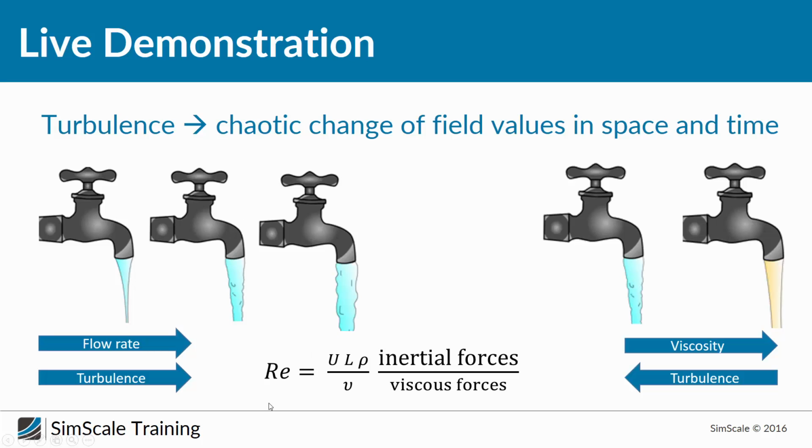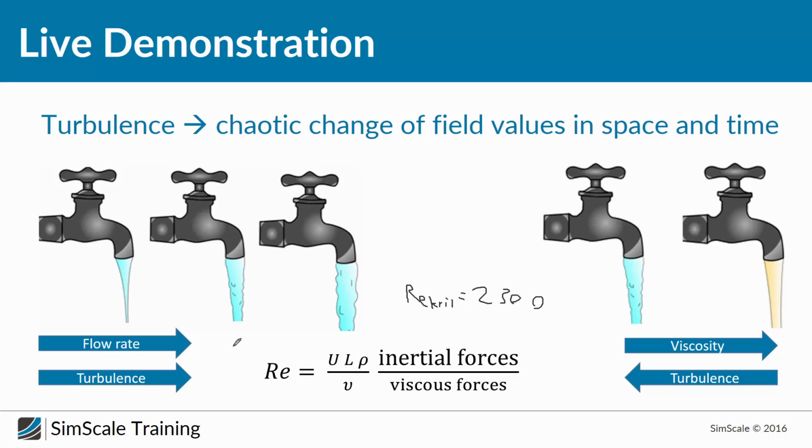Applied to this, it's quite easy. Here, the critical Reynolds number for a pipe flow like this is approximately 2300. At this stage, viscosity is constant, density is constant, length is constant.